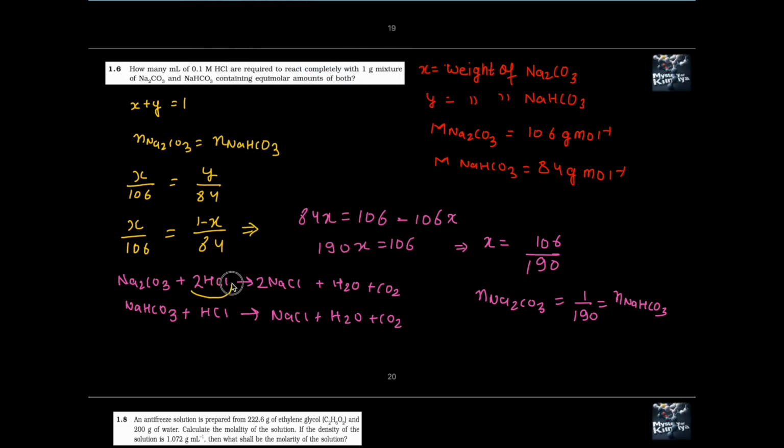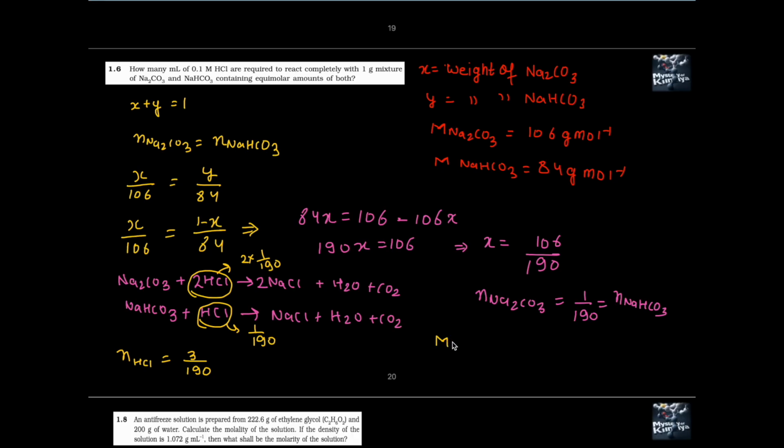So here we need 2 into 1 by 190 mole of HCl, right? And here we need 1 upon 190 mole of HCl. So total moles of HCl required is 3 upon 190 moles, right?